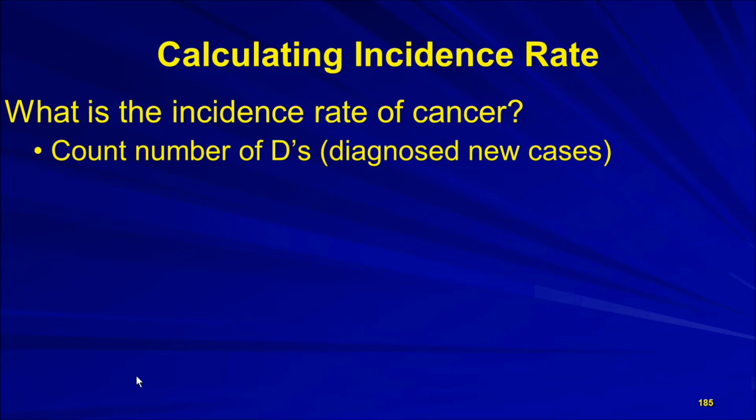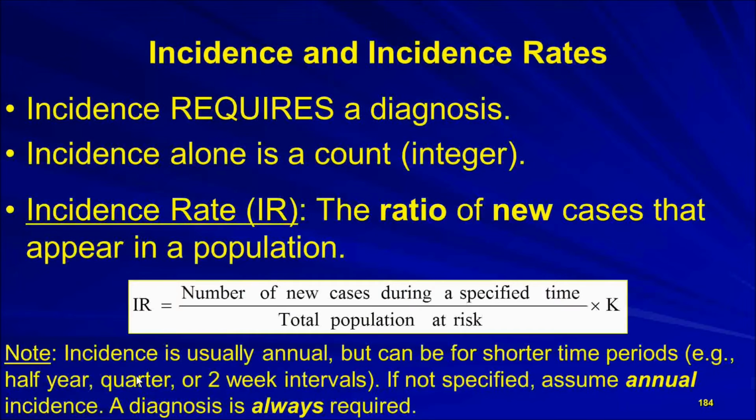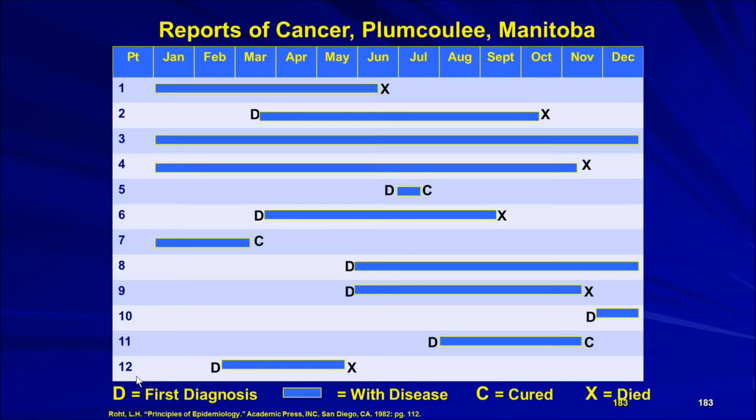Now I want to go back to that slide, and I want you to look at it very carefully with me. Okay, so in looking at this, what are you going to count as incidence? Well, it's going to be during an annual period, and we have an annual period shown on top, and then we have a new case because it's newly diagnosed.